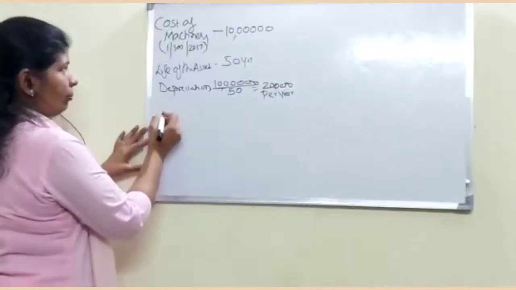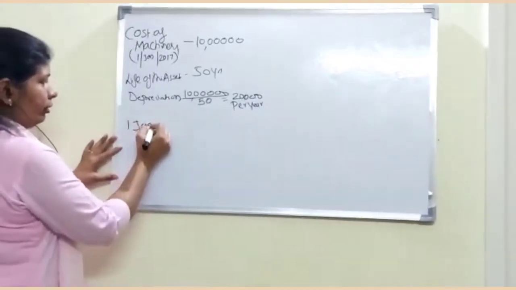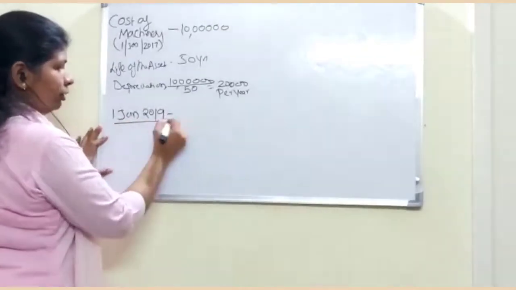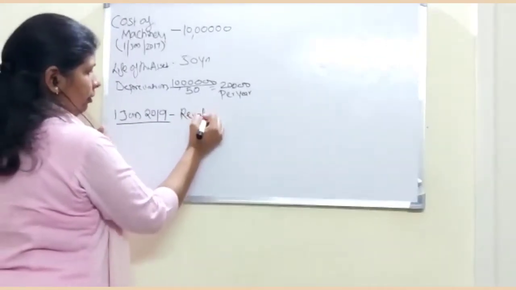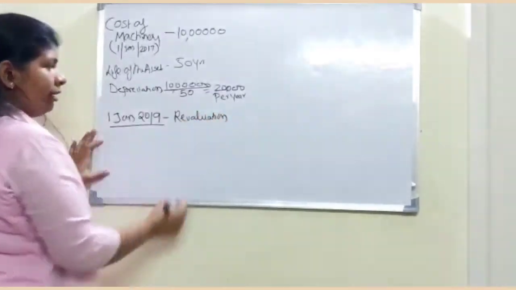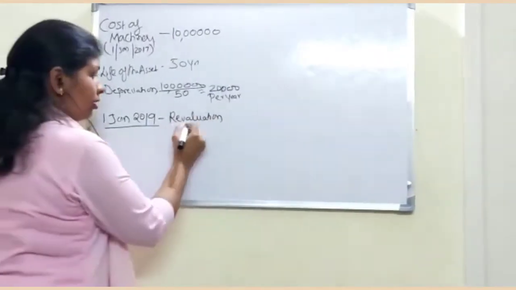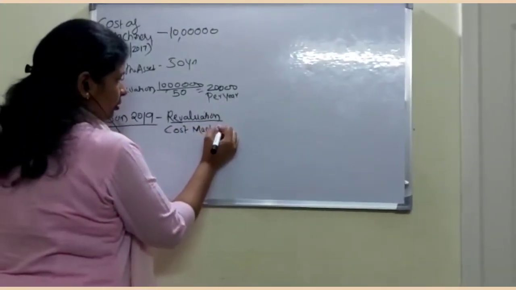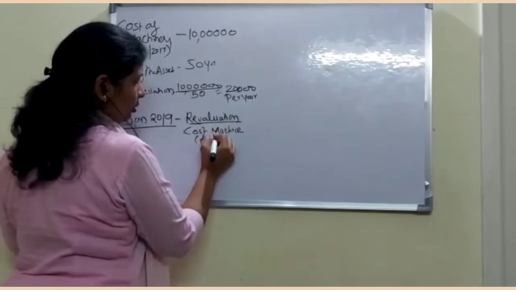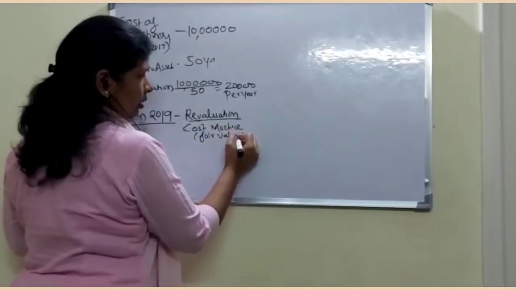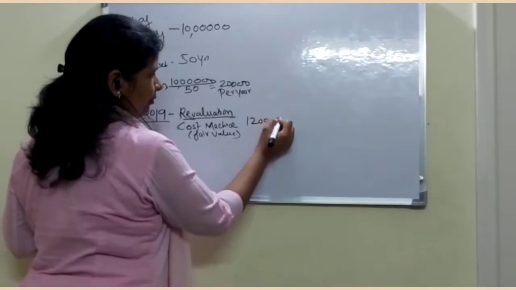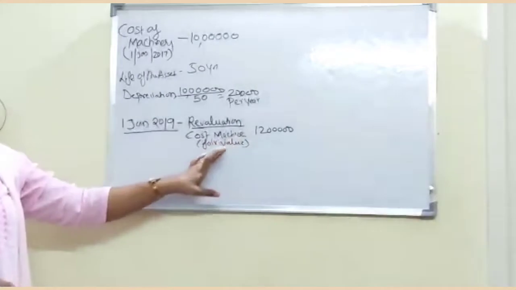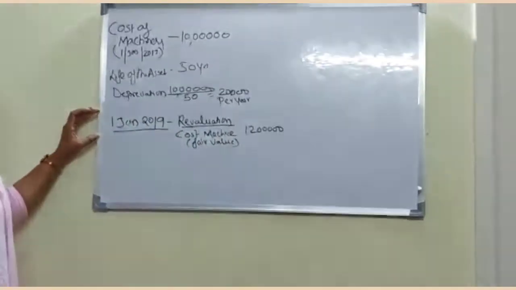So for example, on 1st January 2019 revaluation happened, and the cost of machinery, which is the fair value, came to be 12 lakh rupees.